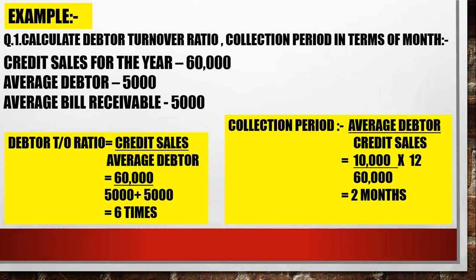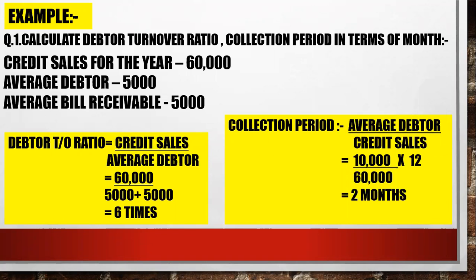In the debtors turnover ratio we have taken credit sales, but while calculating the creditors turnover ratio, you have to take credit purchase. Clear? And where you take the average debtors, over here there is average creditors.